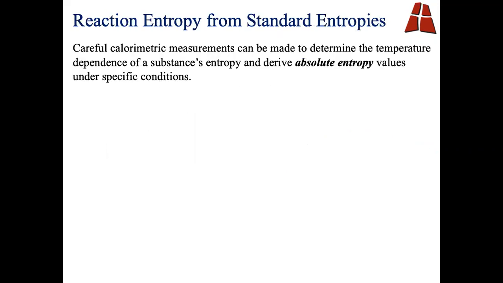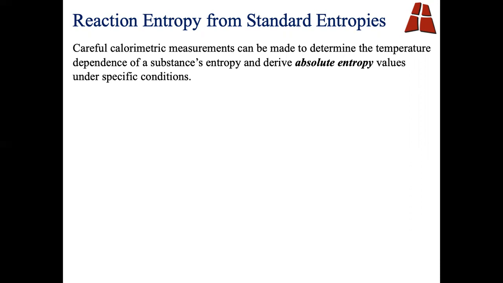So we also ended last class with just a brief preview of how to calculate absolute and standard entropies. And so entropies can be calculated by making calorimetric measurements. So you may remember that term from General Chemistry 1 when we talked about thermochemistry and making measurements with regards to enthalpy.